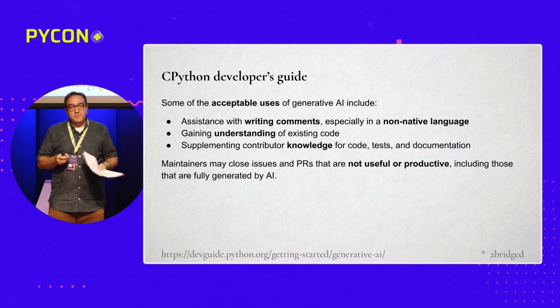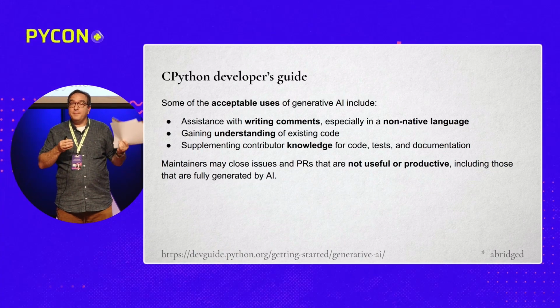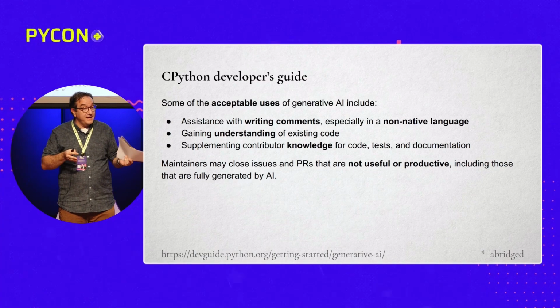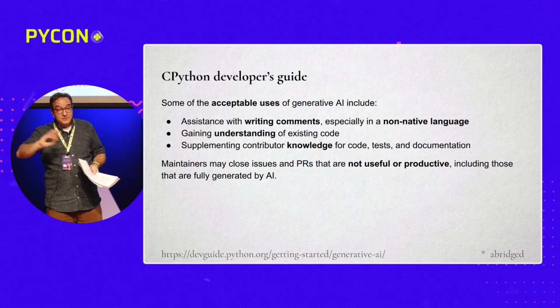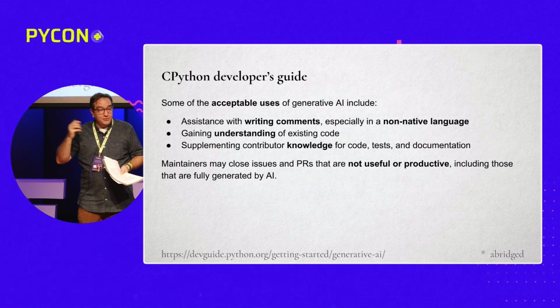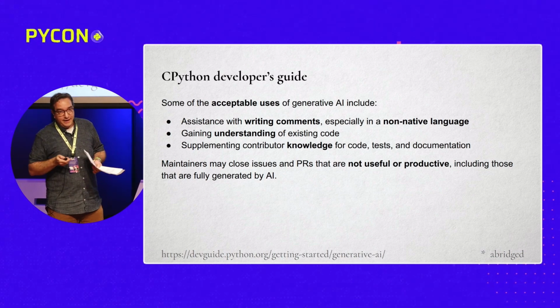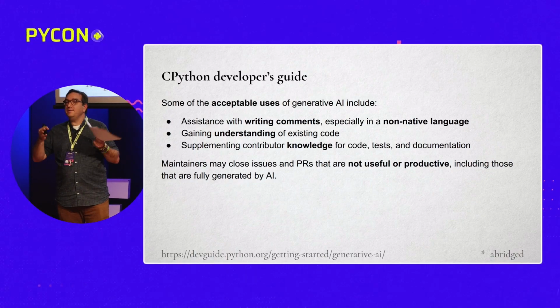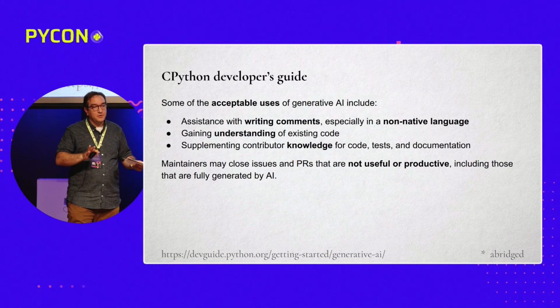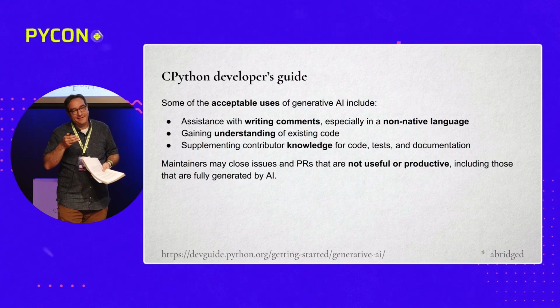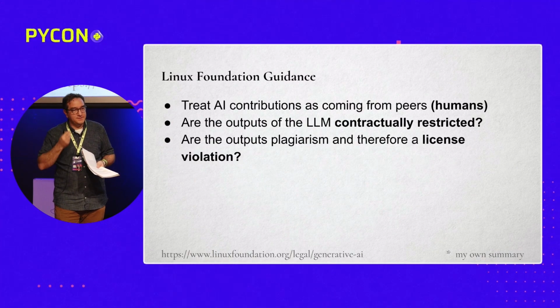And the concern here is that there will be a bunch of low-quality PRs that are going to overwhelm the maintainers. And that's why they say the maintainers are free to just close your PRs that are not useful or productive. They don't even have to explain why, including any of those that are fully generated by AI. So this is allowing some very clearly beneficial uses of it, but also concerned about throughput concerns, right?